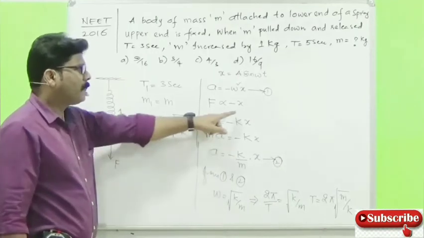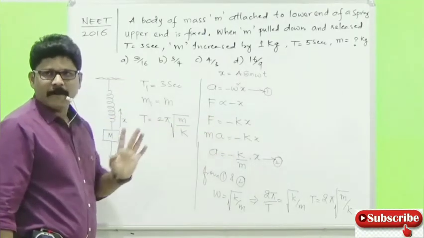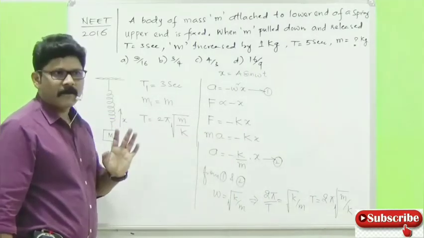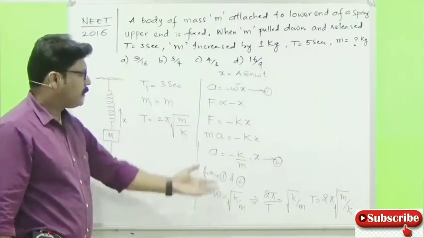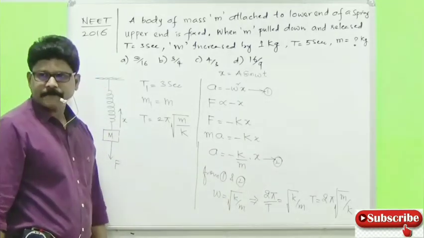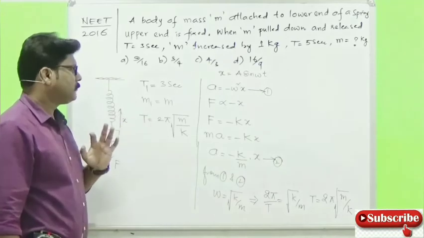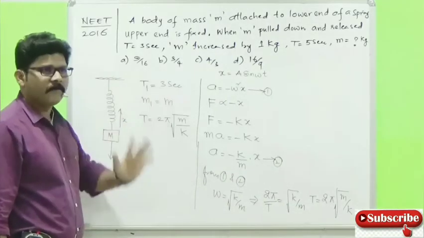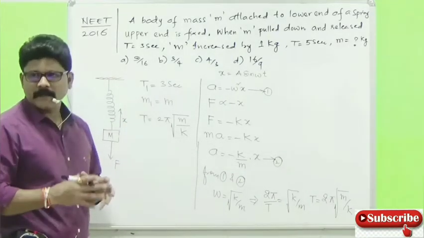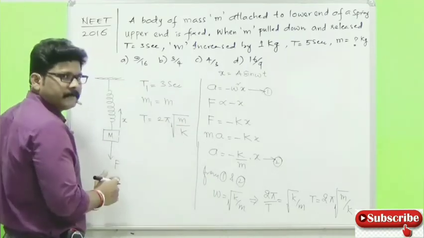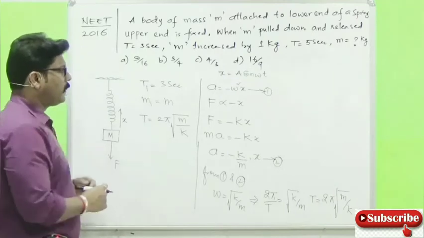F equals minus kx is called Hooke's law. So k is nothing but the spring constant. Comparing both the equations, we can derive it, as we will be deriving that one at board level. If you know this one, that's enough to solve this problem with some mathematical techniques. Now T equals 2 pi under root of m by k.